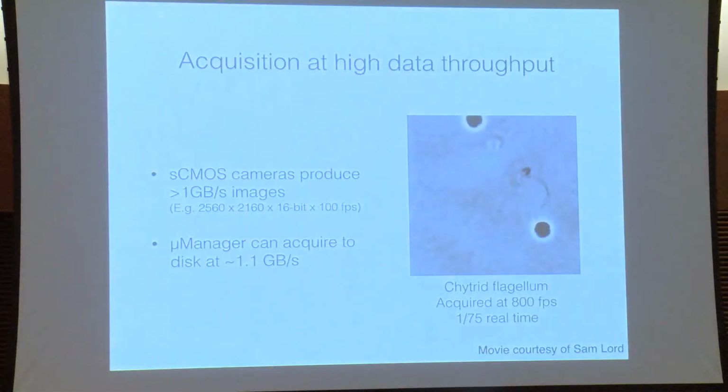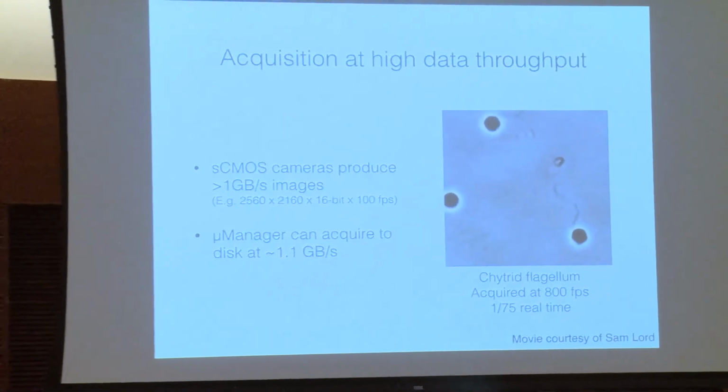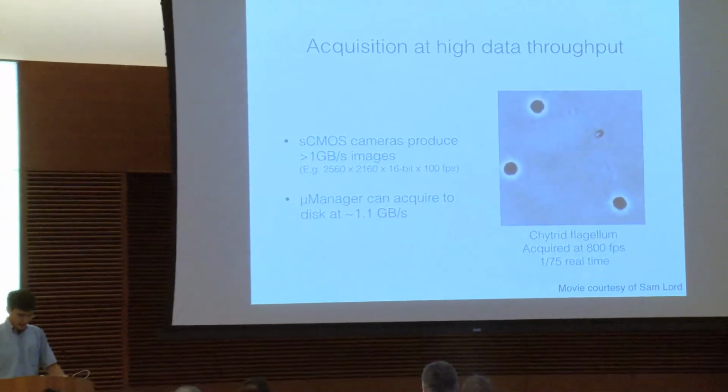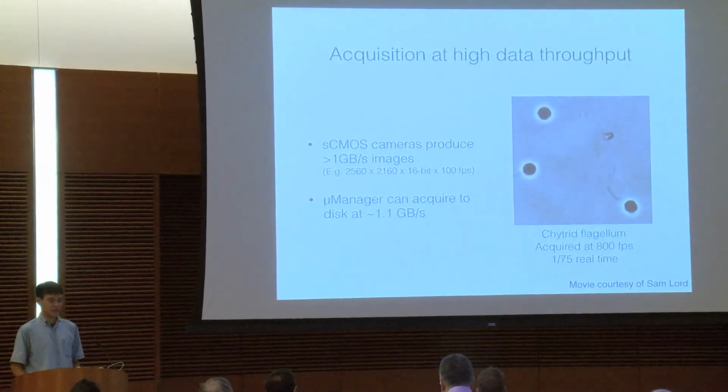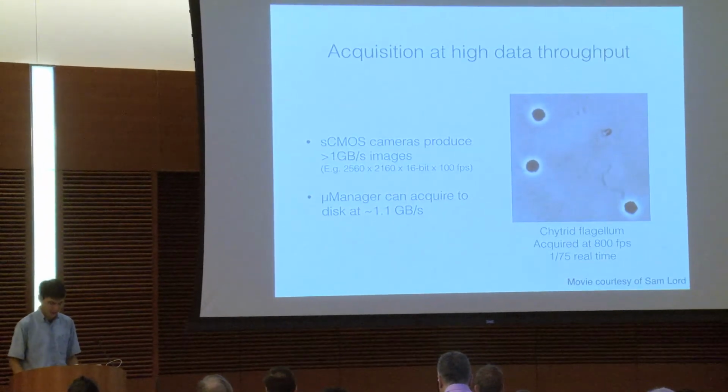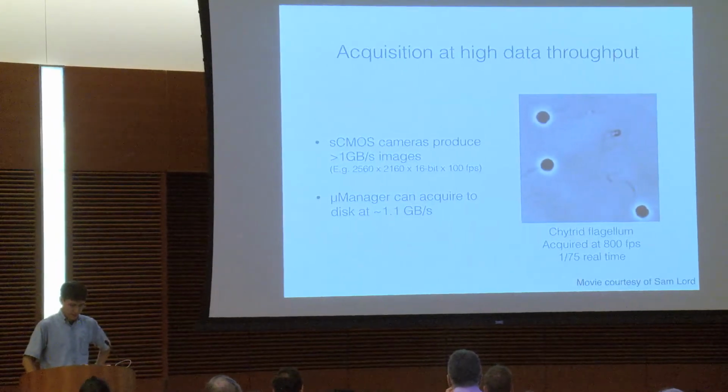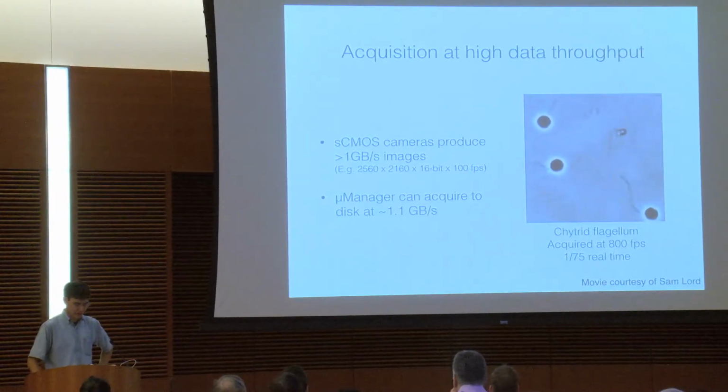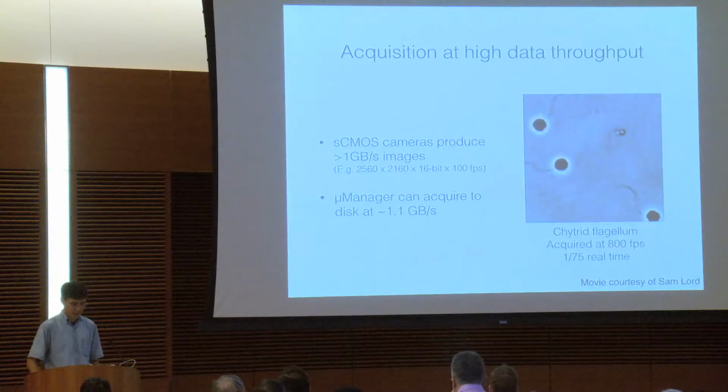And so the next thing I want to highlight is also about speed, but we've put quite a bit of effort into optimizing µManager for high data throughput. And as many of you know, in the last several years, these CMOS cameras have been coming out with very large chip sizes and fast frame rates, and these can produce data at over 1 GB per second.